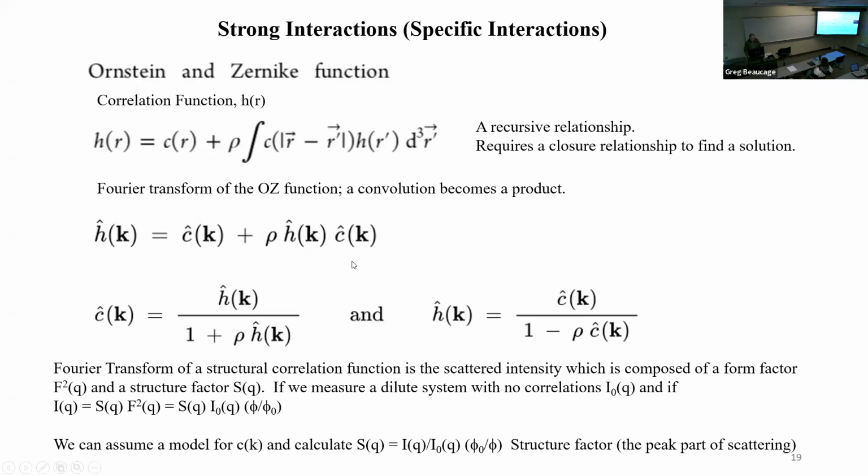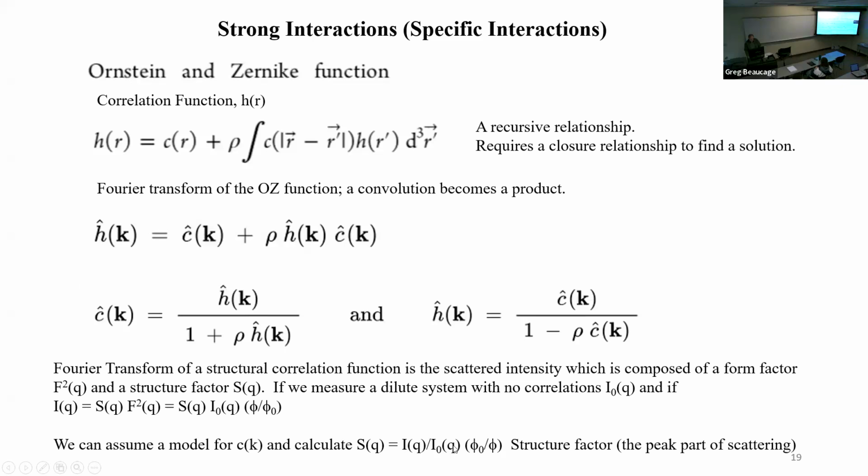Since you're measuring correlation by scattering, a natural thing to do is to Fourier transform the binary correlation function and get the scattering structure factor. If you measure the scattered intensity, you then divide by the dilute one.